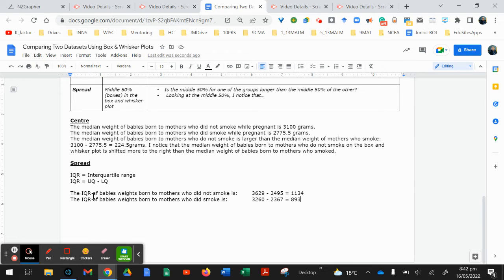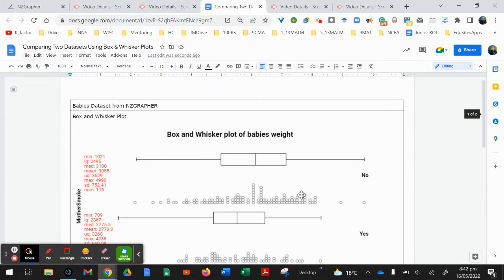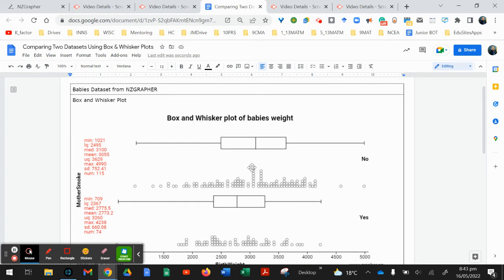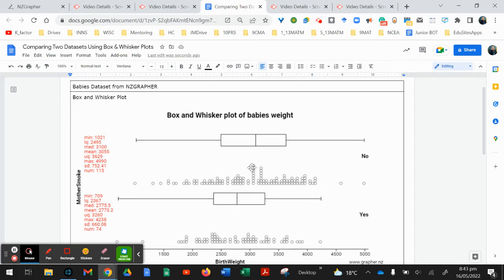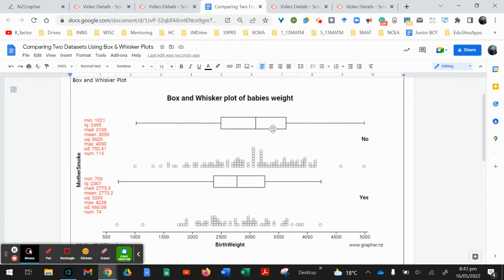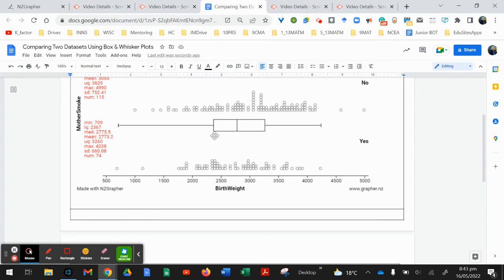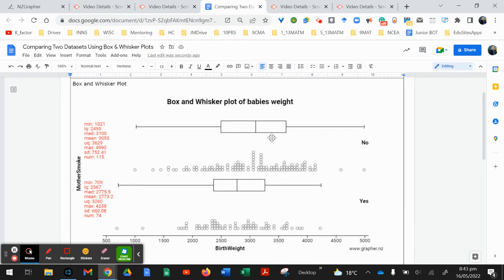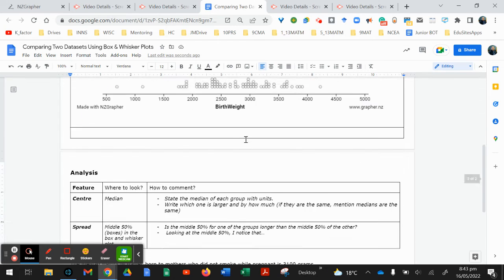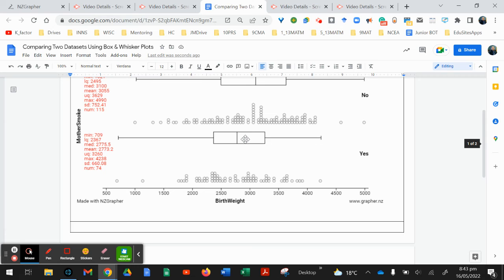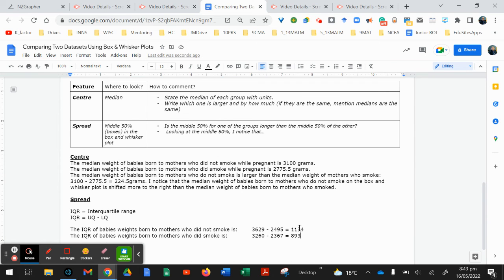The interquartile range of babies' weights born to mothers who did not smoke is 1,134. What I mean by that is the length of that box there is 1,134 grams. You can call it units. This box is only 893 grams. So obviously, that box is larger, and you can also find out how much larger it is by subtracting those two.